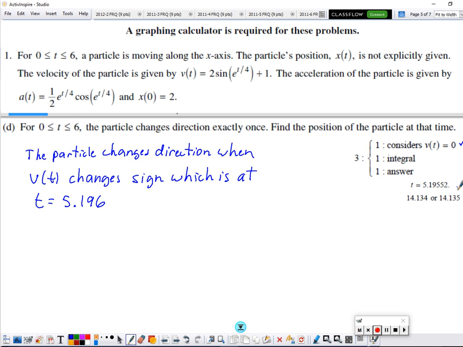Now we've got to use the fundamental theorem. So we write down the integral from 0 to that time of the velocity is equivalent to how much the position changes between time 0 and time 5.196.